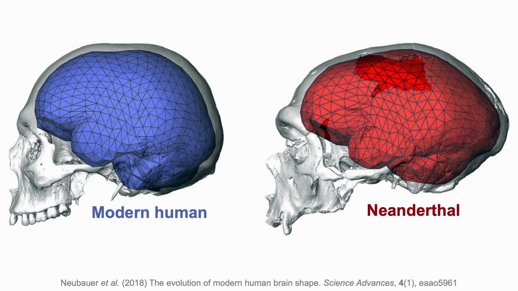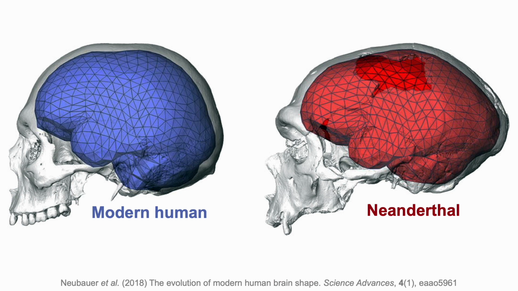For example, with the Neanderthal brain, the occipital lobe is much larger. And when that is linked to the observation that Neanderthals themselves had much bigger eye orbits, they appear to have had much bigger eyes, then the sense is that Neanderthals may have had better vision.